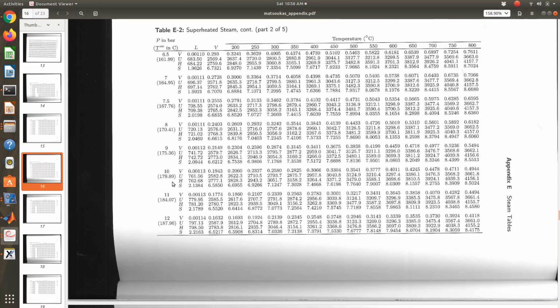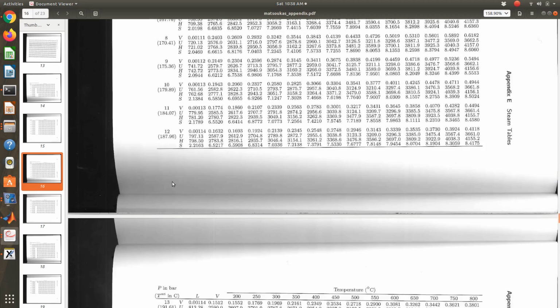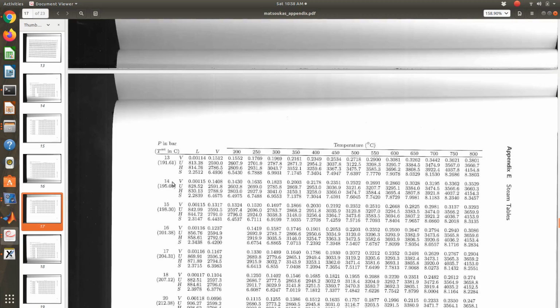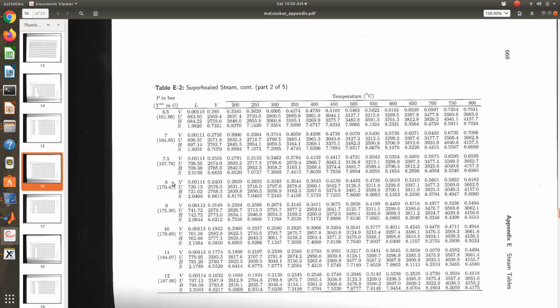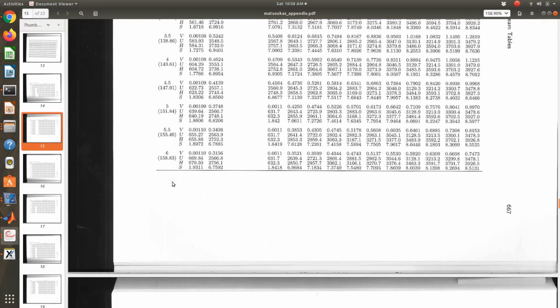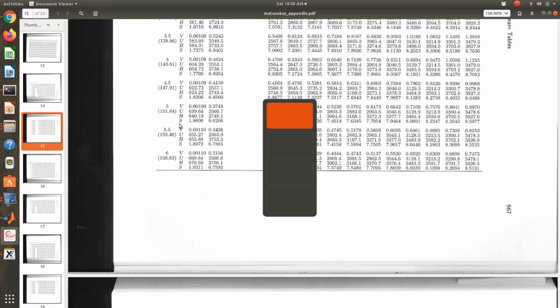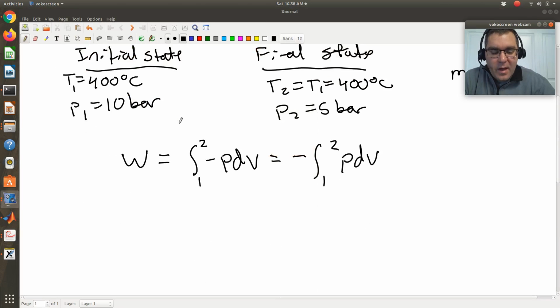So our temperature of 400 degrees is greater than Tsat, so we're superheated vapor. And if I were to go down to 5 bar, Tsat is 151.84, and 400 degrees is still greater than that Tsat, so I'm going to have superheated vapor.